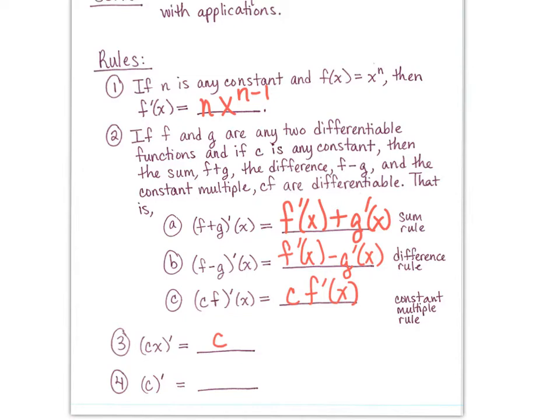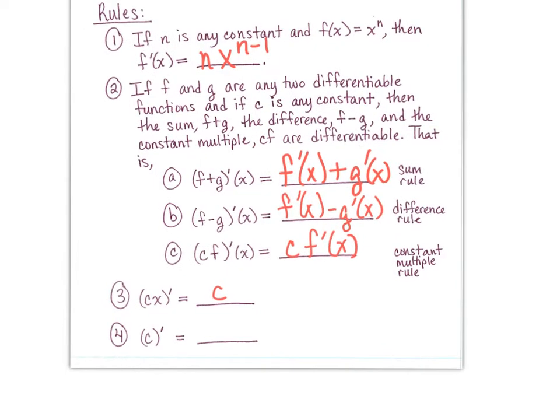If you take a derivative of a constant, you will just get 0. So these are the rules for derivatives of powers, sums, differences, and constant multiples.